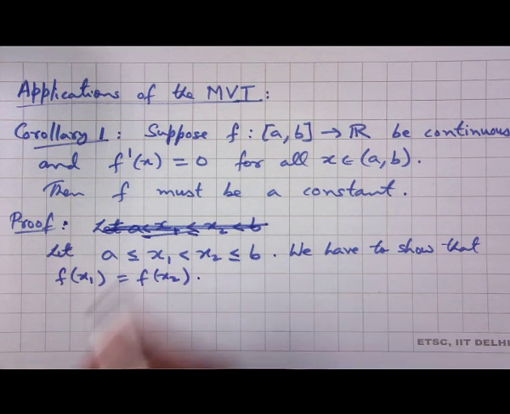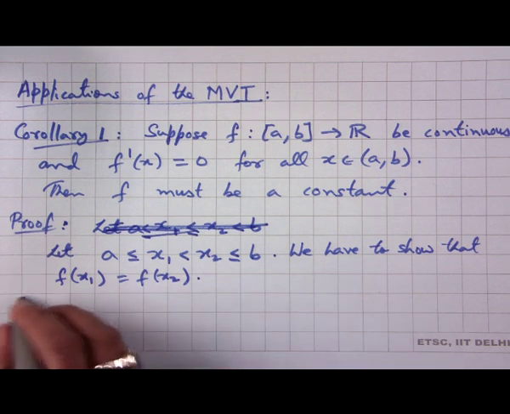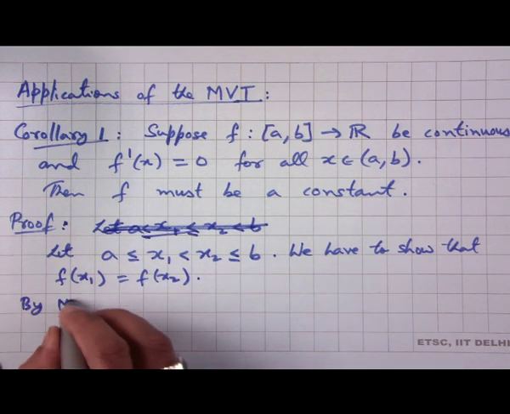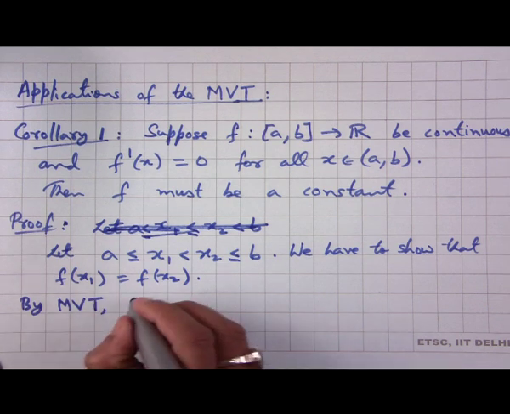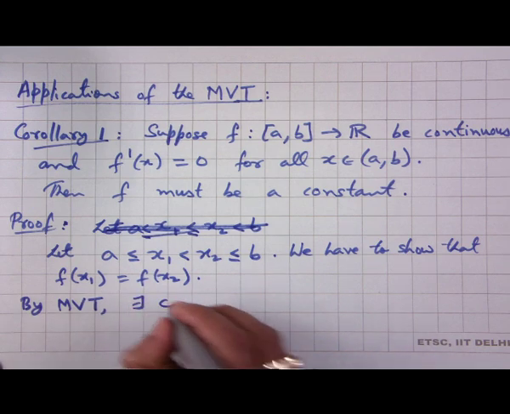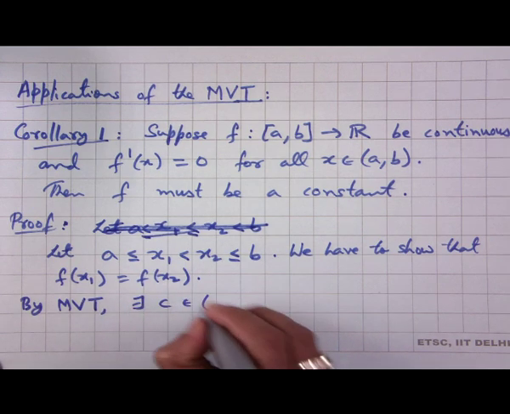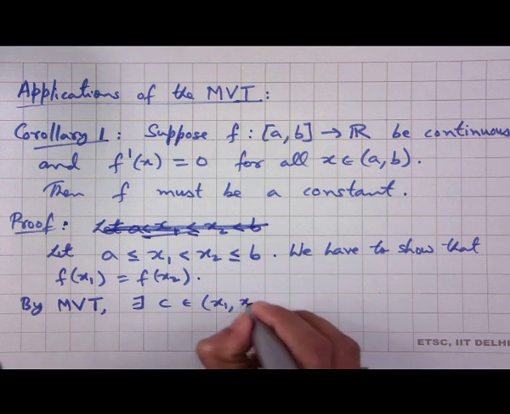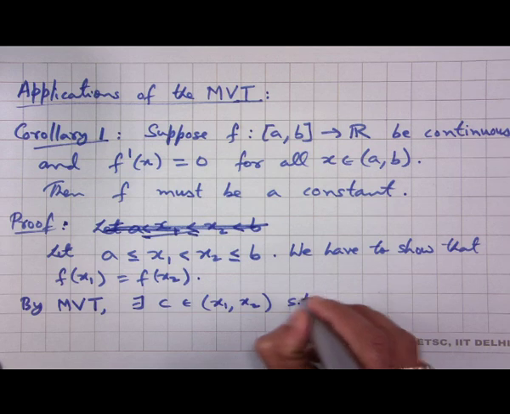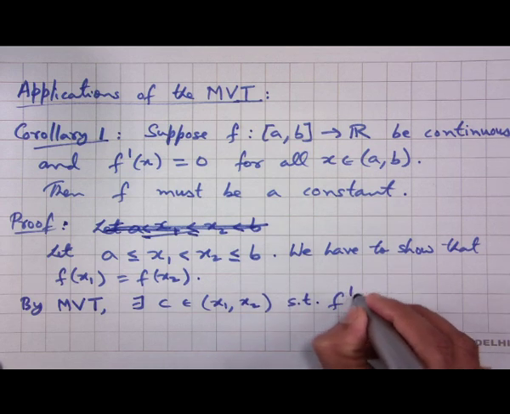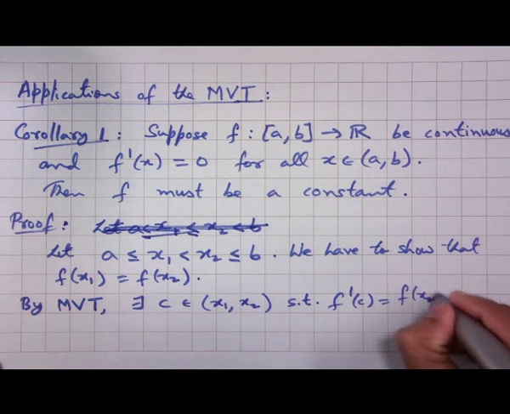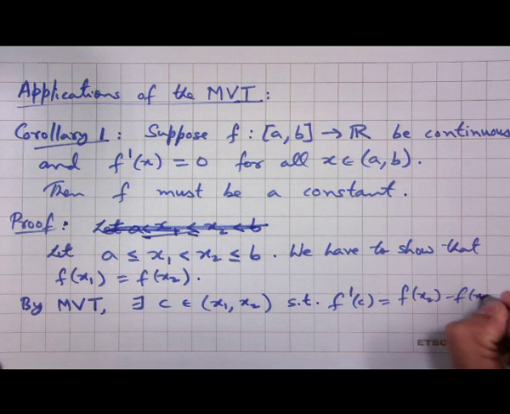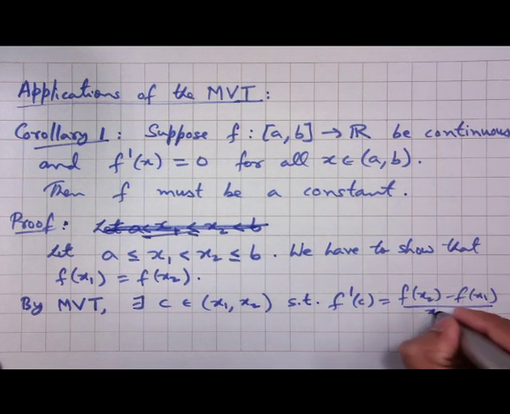But what we know is that by the mean value theorem, there exists some c in the open interval (x 1, x 2) such that f prime c is equal to f of x 2 minus f of x 1 by x 2 minus x 1.